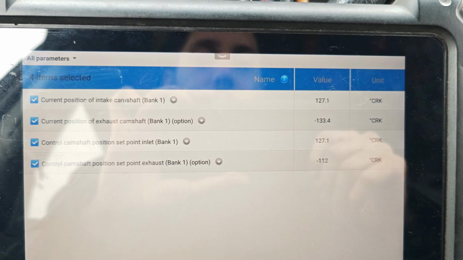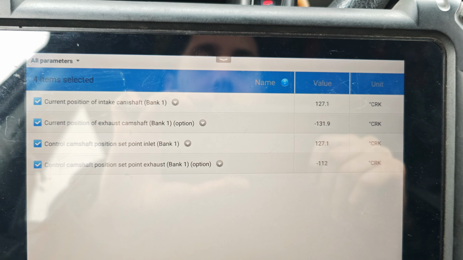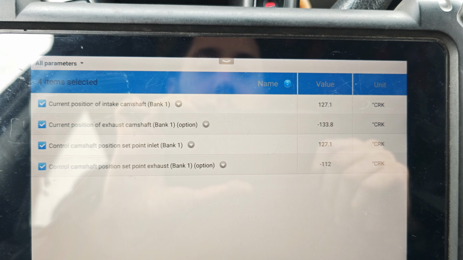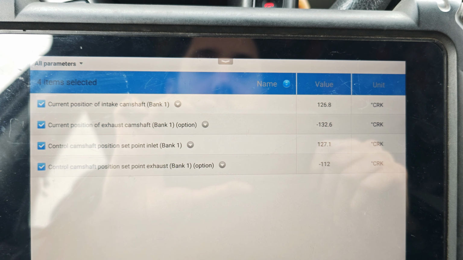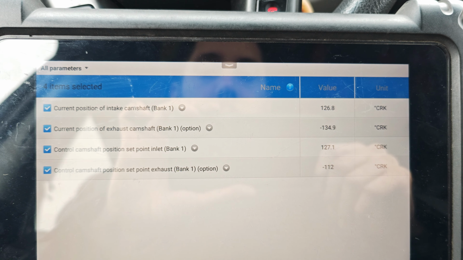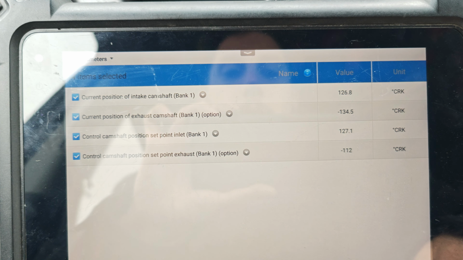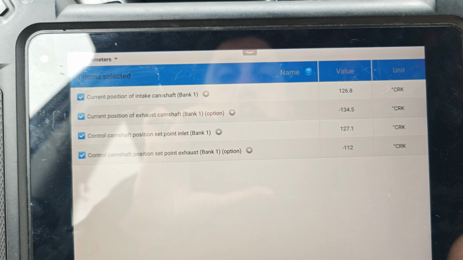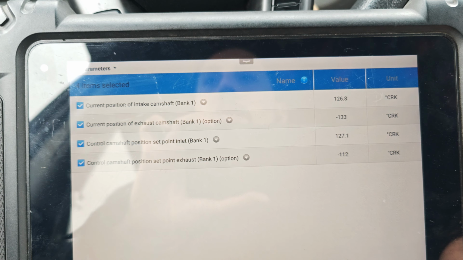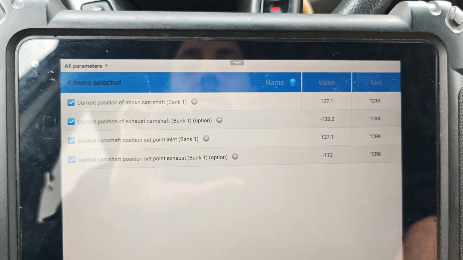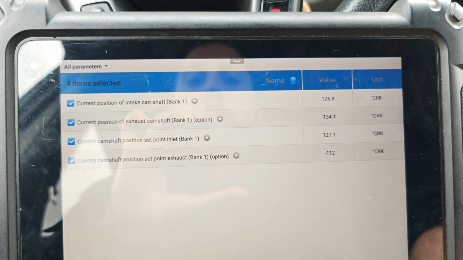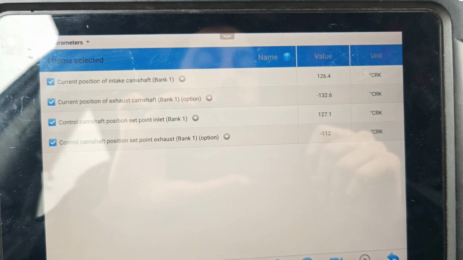Look at where our exhaust is now. Our exhaust wasn't right, our phaser. Remember how it was like negative 80? See, now it's running a lot better. It's still not where it needs to be. We got a problem with our exhaust.